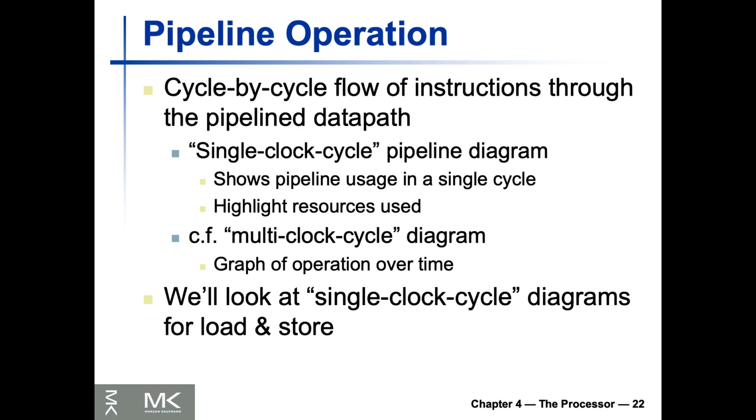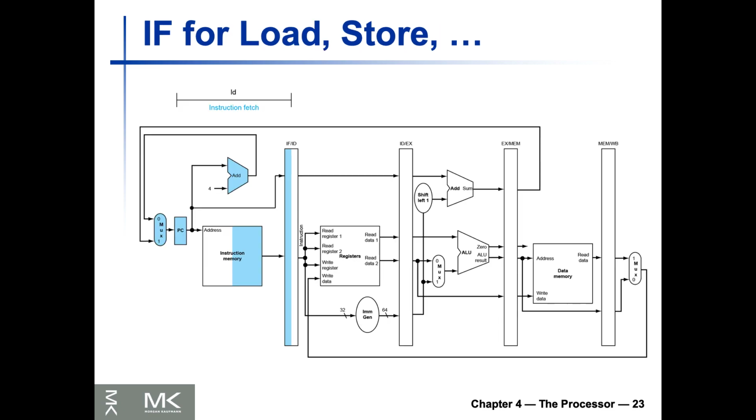Now, let's see how we're going to use such a notion in some examples. We're gonna see the cycle by cycle flow of instructions through the pipeline, one in single cycle format and the other one in multi-cycle diagram. So let's see single cycle for load. The portion of the data path that was used at that specific stage is shown in blue. We've got a load instruction, and that is the instruction fetch stage of that load.